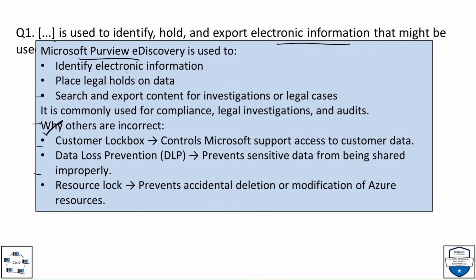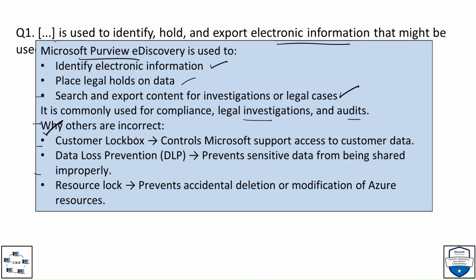And the explanation is, Microsoft Purview e-discovery is used to identify electronic information, place legal holds on data and search and export content for investigation or legal cases. It is commonly used for compliance, legal investigations and audits.